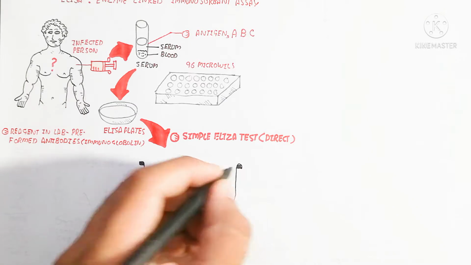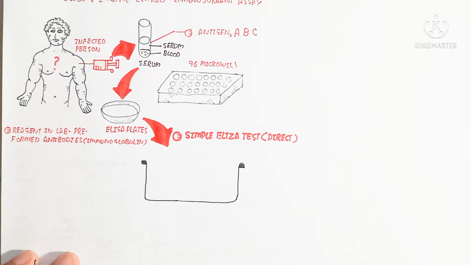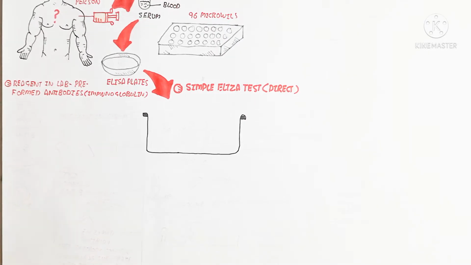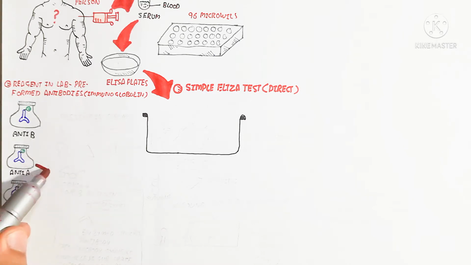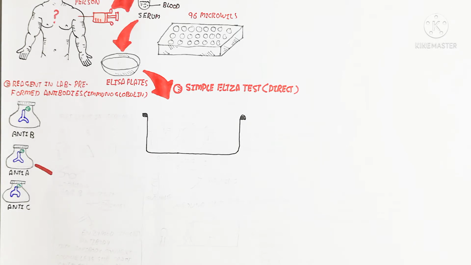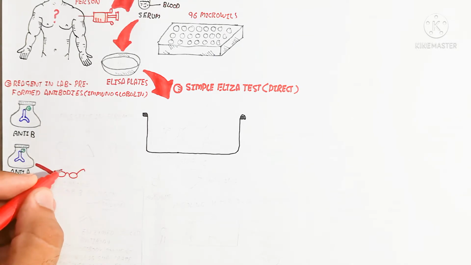Here is the ELISA plate. Let's understand antibody A, antibody B, antibody C, which are attached to the enzyme linked antibody prepared in the laboratory. Here we want to detect a specific pathogen if present. If not present, the enzyme linked antibody will not attach to the epitope of the antigen.